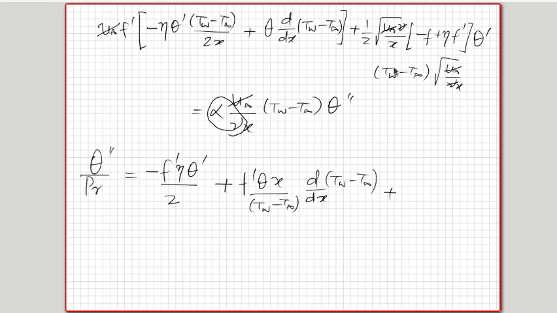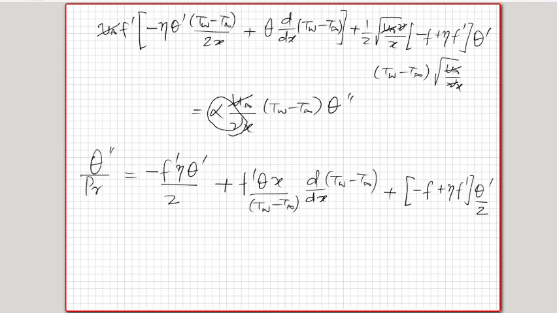Plus, okay, what will happen? There is a minus f plus eta f prime into theta prime multiplied by this t minus t infinity, and x will get cancelled. There will be a half that is remaining. Okay, x by t wall minus t infinity will get cancelled. We'll get a half remaining.